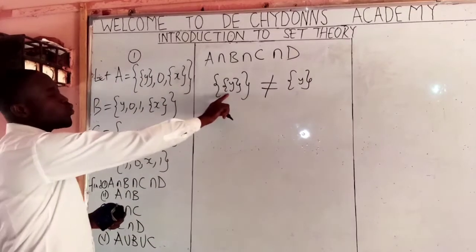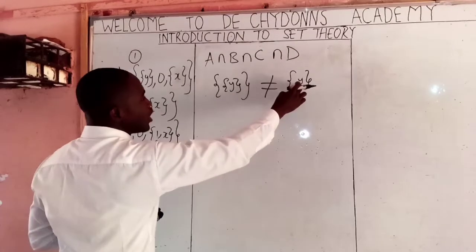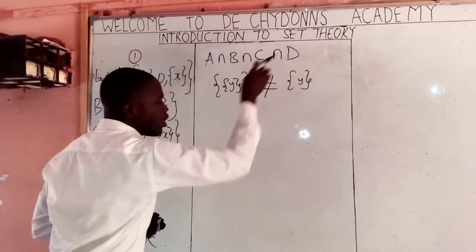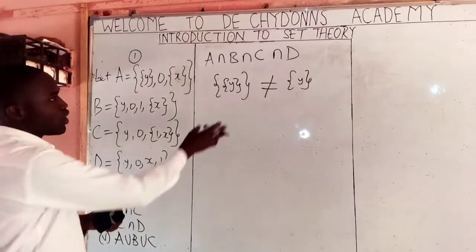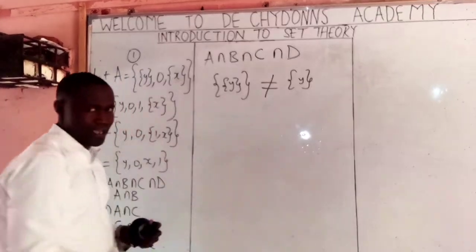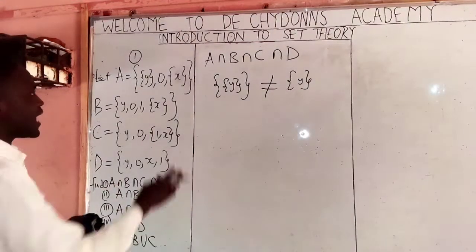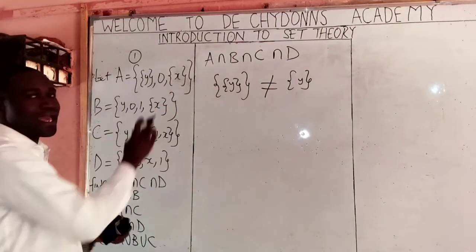Why? Because this Y is inside a curly bracket already, but this one is not inside a curly bracket. This one has two curly brackets, while this one has only one curly bracket. So they are not the same. Have it in your mind, and that is also applicable to this X.